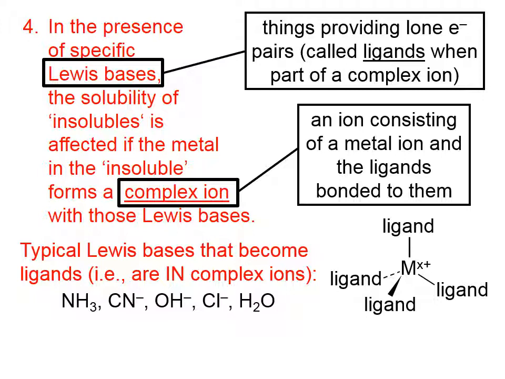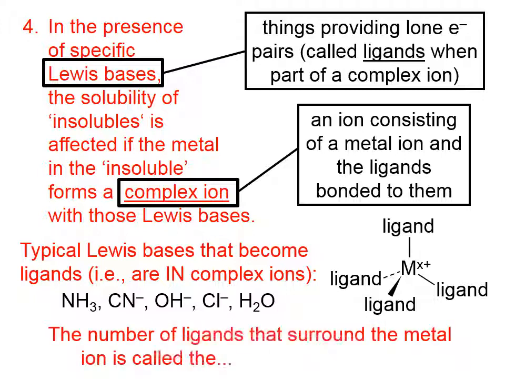Of course, in water, the oxygen atom has 2 lone pairs of electrons, which can act as ligands in forming these complex ions. The number of ligands that surround the metal ion is called the coordination number. In this picture on the right side of the screen, the coordination number for that complex ion would be 4.